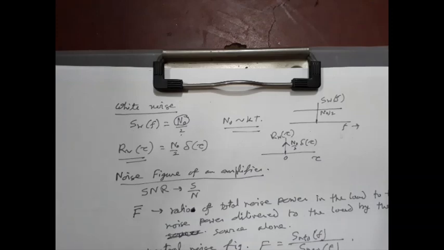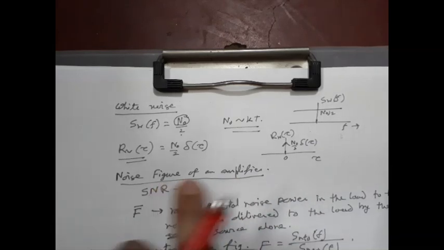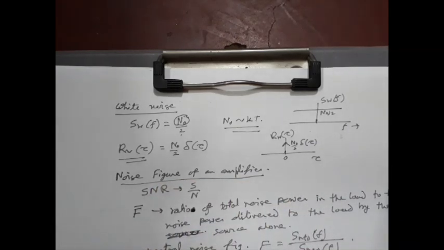And that can be written in the alternate form as 1 plus SNAO by SNSO, where SNAO is the power spectral density of the noise in the load solely due to the amplifier, because we are determining the noise figure of an amplifier. So this is one of the definitions of the noise figure.